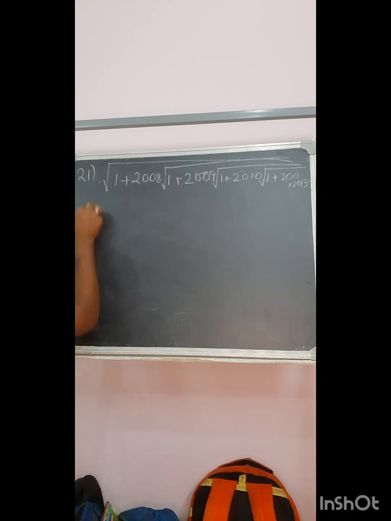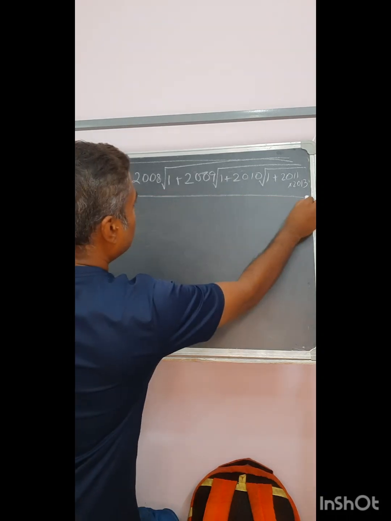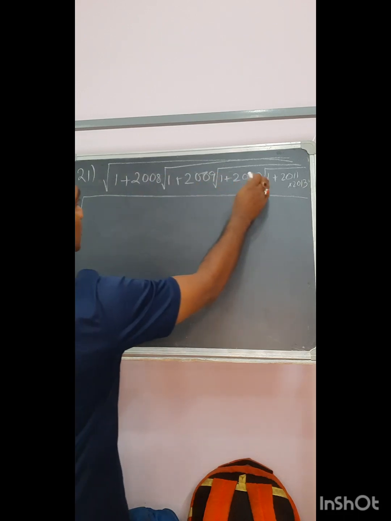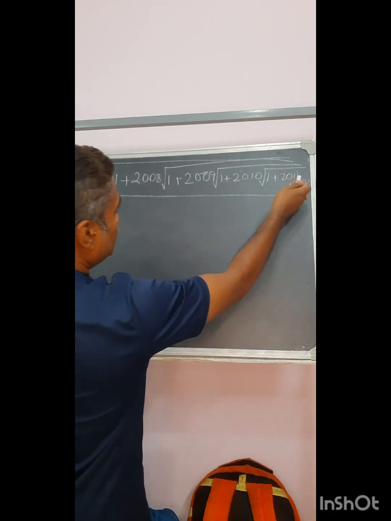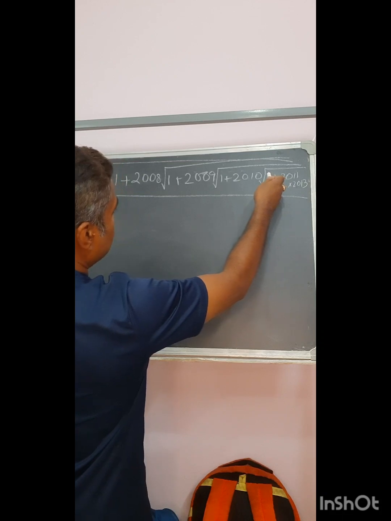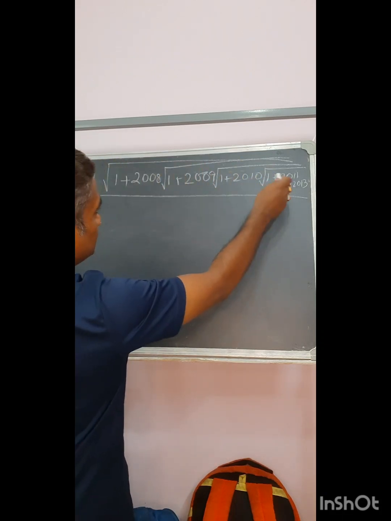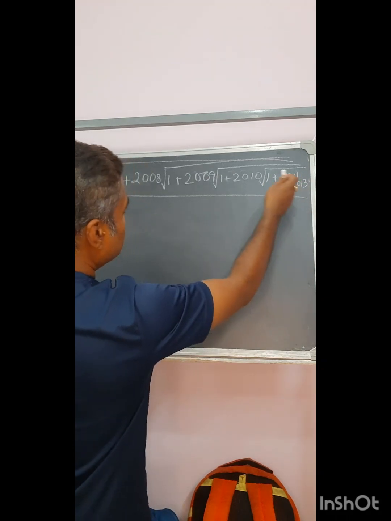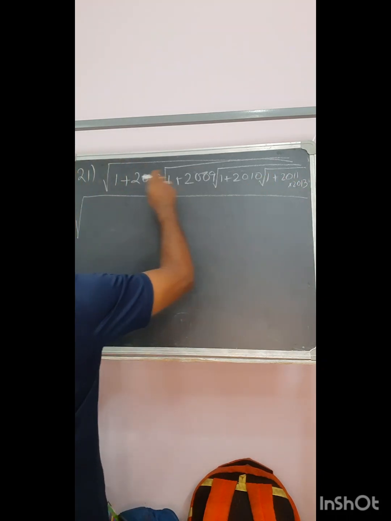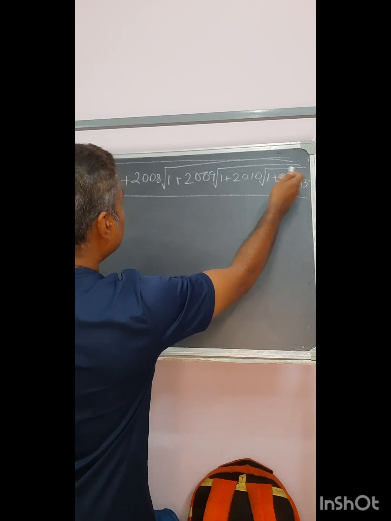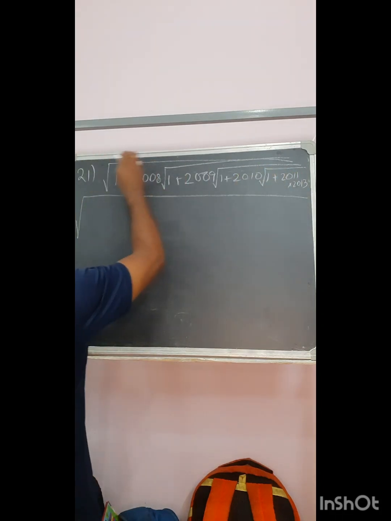Let's see. In this kind of problem, I always say you just keep solving from the inside, from the lowest bracket, inside all the surds. So you have to work from the inner one. Unless you calculate from this side, you cannot reach there.